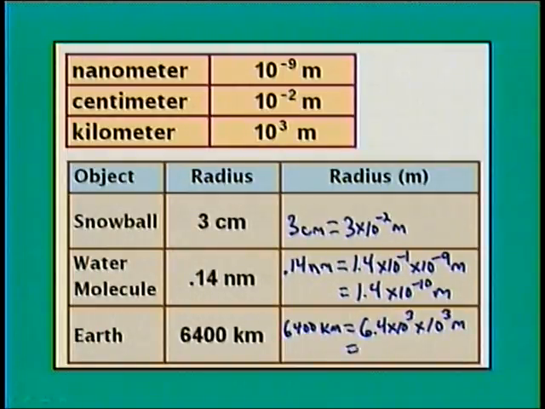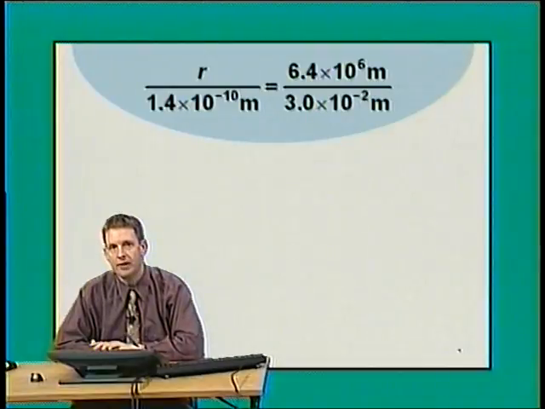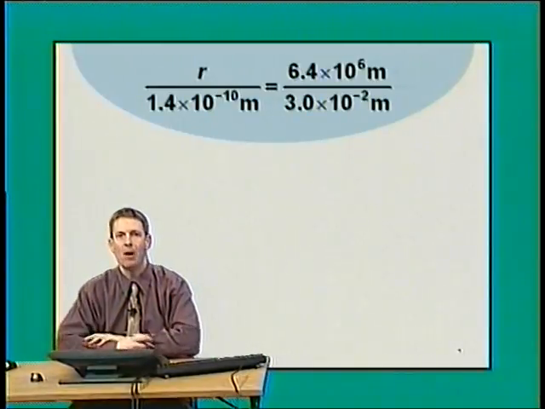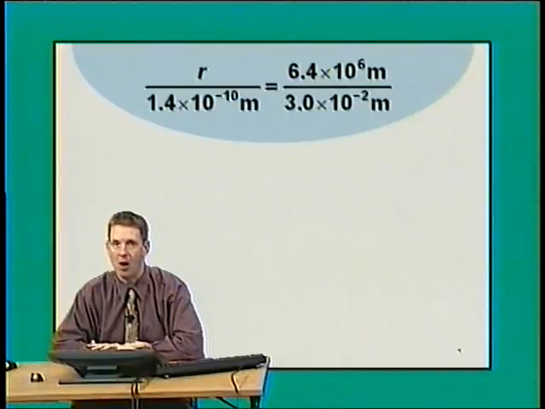So in simplified form, using meters and proper scientific notation, the radius of Earth is about 6.4 times 10 to the 6th meters. So what we want to do is blow the snowball up so it's as big as the Earth. And we want to imagine the molecules growing at the same ratio as the snowball is growing.